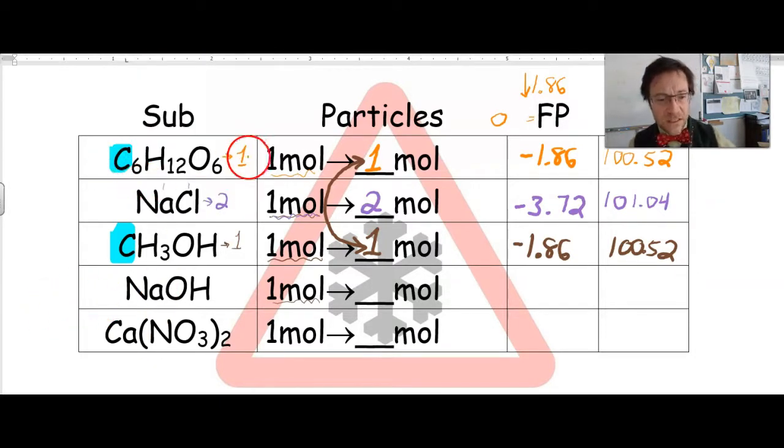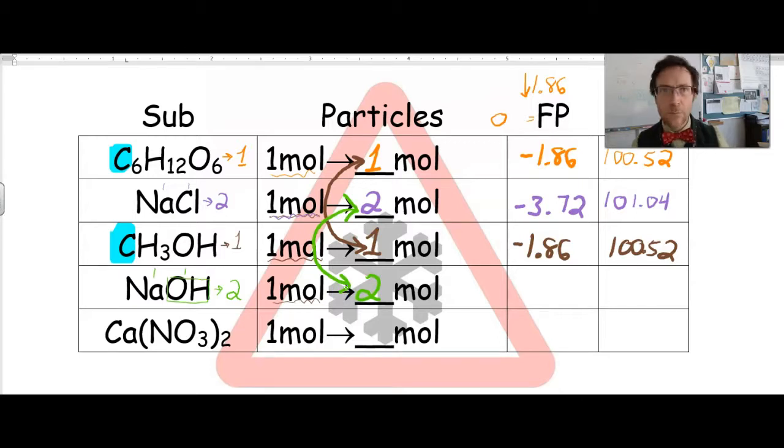All right, so let's do this next one here. Sodium hydroxide. Here we have 1 sodium, and don't forget, this is our polyatomic ion called hydroxide, and there's only 1 of them there. So when we dissolve sodium hydroxide, it will make 2 particles, right? So if I have 1 mole of sodium hydroxide, I will end up with 2 moles of dissolved particles.